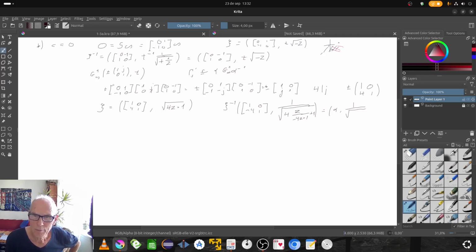So it's 4z minus 4z plus 1. And wouldn't that be very nice if that just was the square root of minus 4z plus 1?